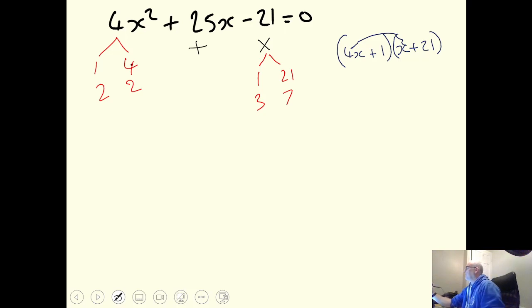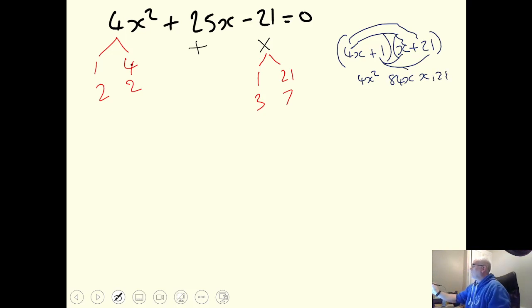So 4x times x gives me 4x squared. 4x times 21 is going to give me 84x, massively too big. We can see that straight away. We've got 25x in the middle and we've got 21 there. Okay, so we're really only interested in that center term at this point. We can see that the 4x and the 1 is going to be too big, and with the 1 and 21 that's not going to go.